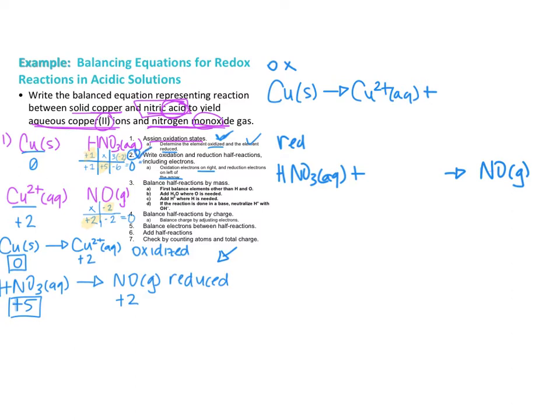Okay, so we're done with number 2. Balance your half reactions by mass. A, first balance elements other than hydrogen and oxygen. We fortunately do not have to do any of that. So we have 1 copper right here, 1 copper right there. We're good with that. We have 1 nitrogen right there, 1 nitrogen right there.